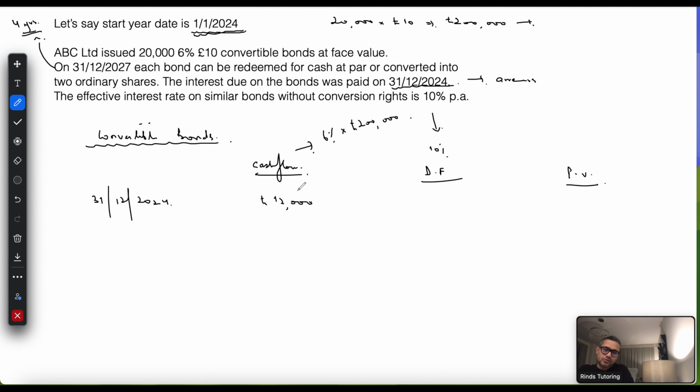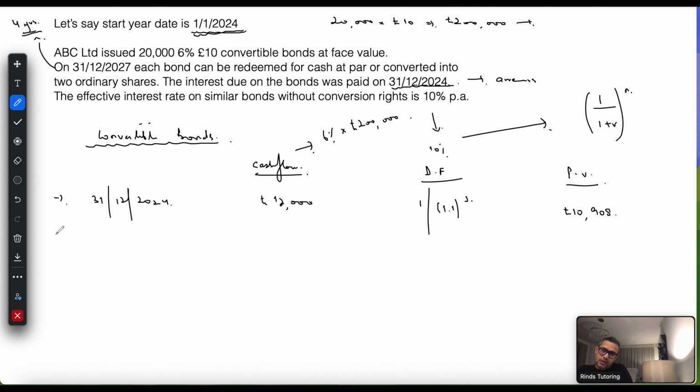So write 12,000. After writing 12,000, just use the discount factor formula, 1 over 1 plus r to the power of n. 1 over 1 plus 10% will give you 1.1 to the power of 1. You take the discount factor times 12,000, that's going to give you 10,908, your present value.